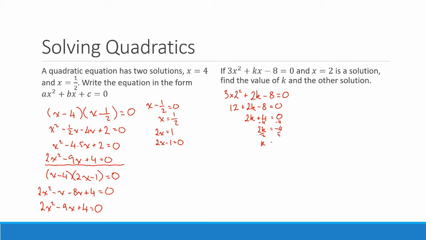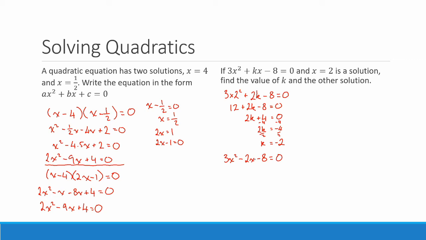And we end up with k equals negative 2. So now we know what our k value is. K here in our equation should be a negative 2. So we can rewrite our equation and solve it to find the other x value. So 3x squared, now k is negative 2, so it's going to be minus 2x minus 8 equals 0.